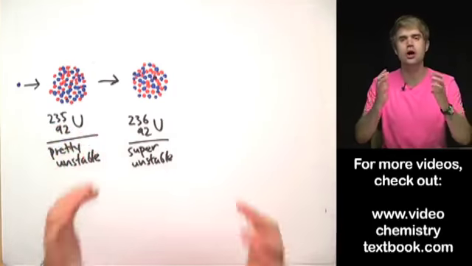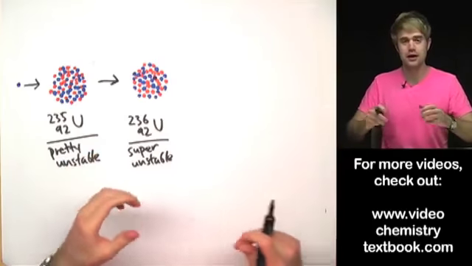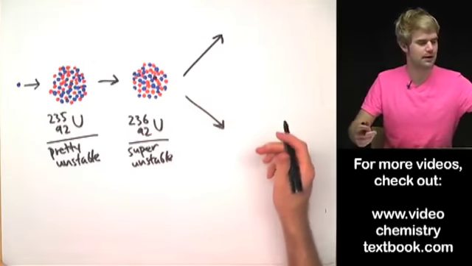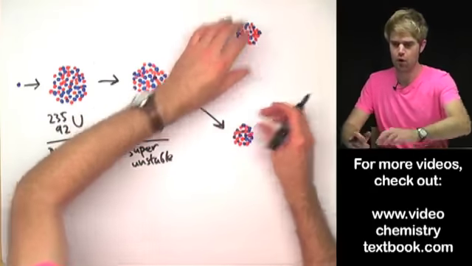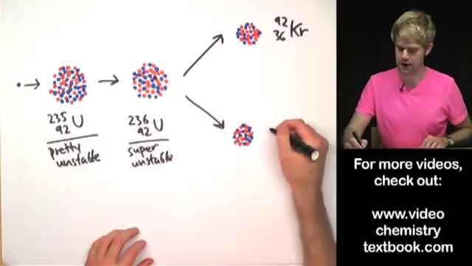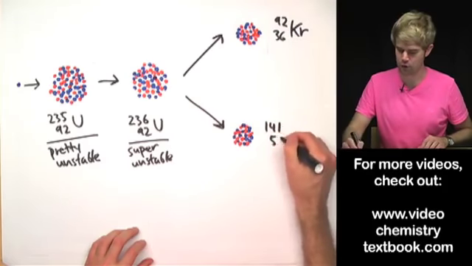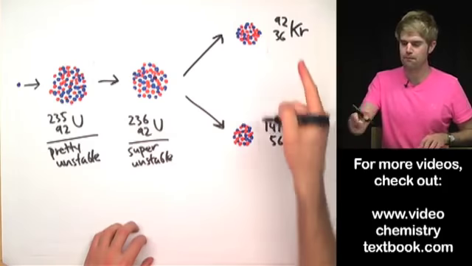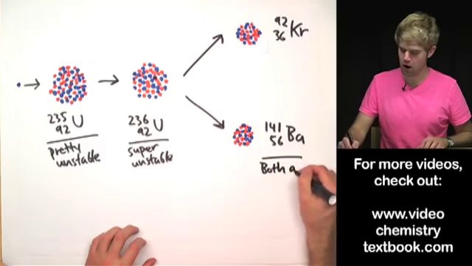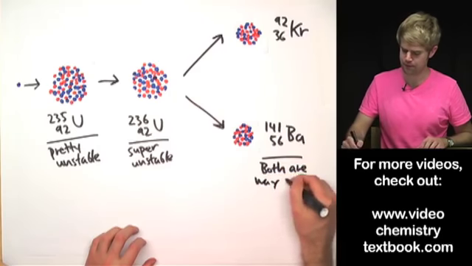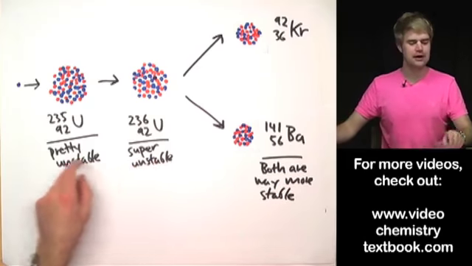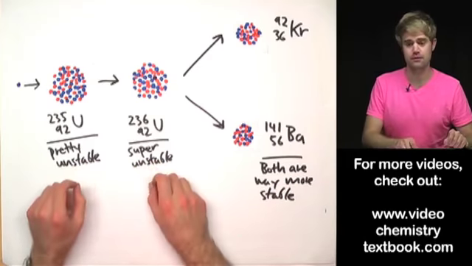And in fact, it's so unstable, it's so unhappy, that it splits into two smaller atoms. Here are the nuclei right here. One of them is krypton-92, and the other is barium-141. Both krypton and barium are way more stable than either of these atoms that we started with.